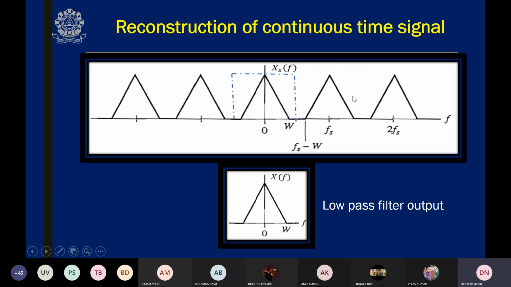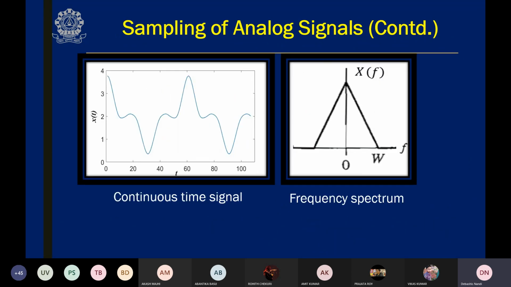The other four frequency bands, with the side bands, are rejected, and only the central band will be sent. And when this central band is sent at the output, it means you are getting this frequency band at the output of the filter. And what is this?